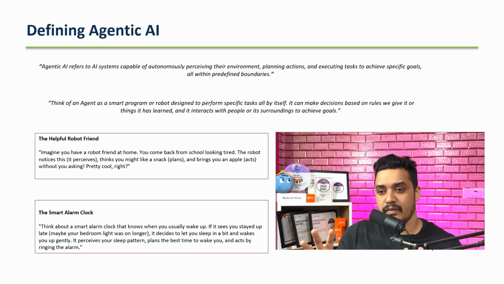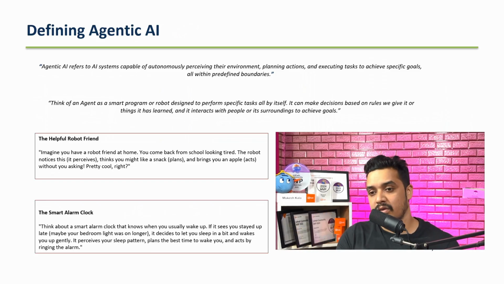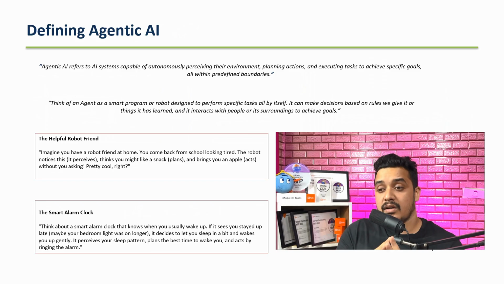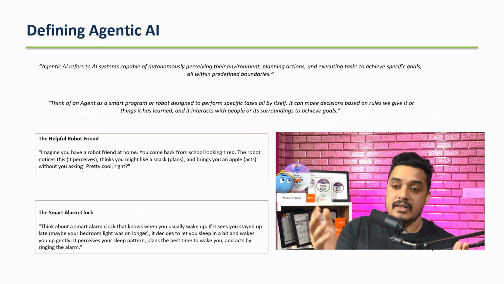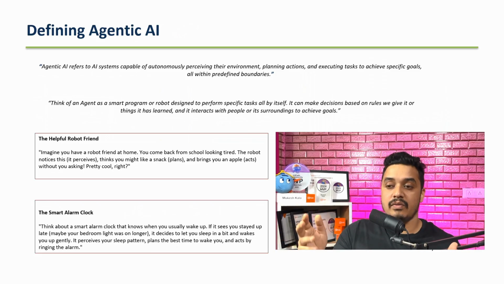The second example could be, we all understand what an alarm clock is, right? So you have something called a smart alarm clock. Think about a smart clock that knows when you usually wake up. If it sees that you stayed awake late, maybe by just checking that your bedroom light was on for a long time, it decides to let you sleep a bit and wakes you up gently.